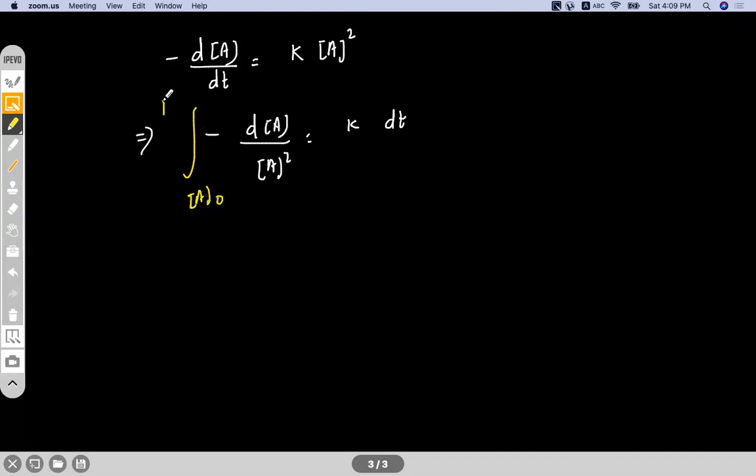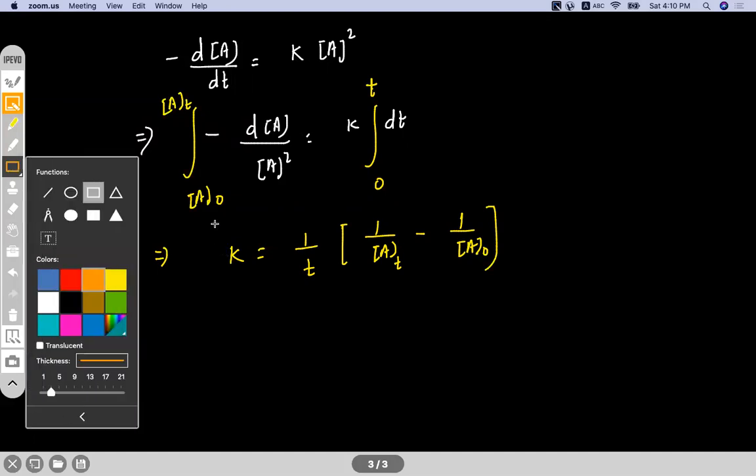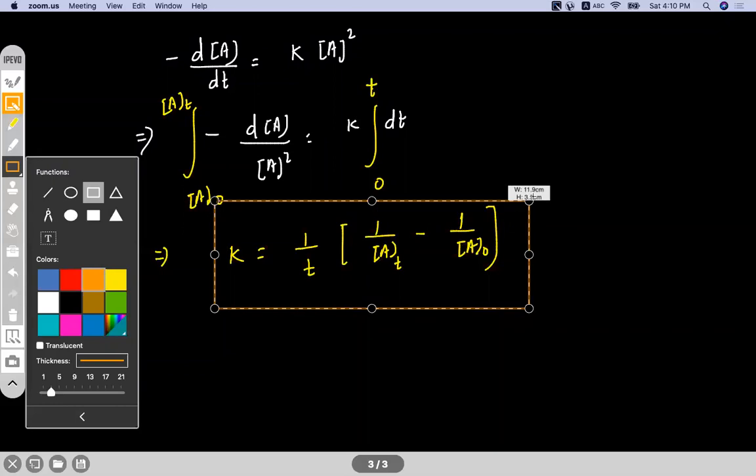From A naught to At. A naught is the initial concentration, and when time is t, this becomes At. Now you need to integrate this and solve, and you will get K is equal to 1 by t, open bracket, 1 by concentration of At minus 1 by concentration of A naught. This is the expression of K we will get.